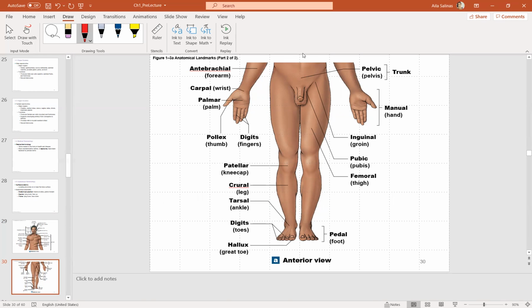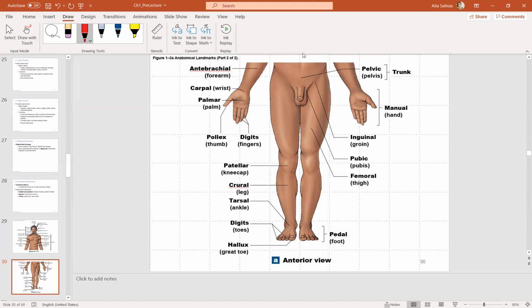Carpal refers to the wrist and palmar to the palms of your hands. Pollex is the thumb, and digits are all the other fingers. Here, the groin region is called inguinal. So babies, most of the time, have inguinal hernias because they cry, and all the effort of crying causes the soreness called inguinal hernia.